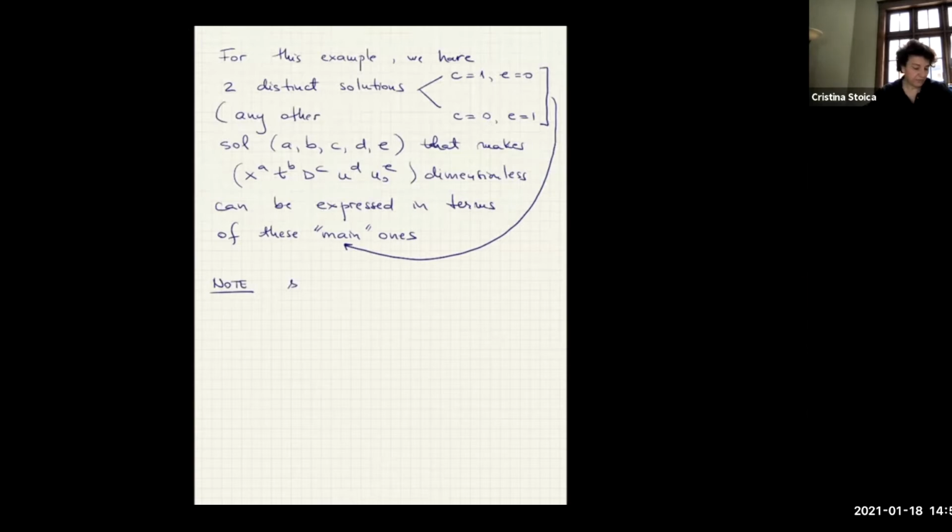The solution X equals A, B, C, D, E, which we wrote last time, is actually written as C times the vector minus 2, 1, 1, 0, 0, plus E times the vector 0, 0, 0, minus 1, minus 1.